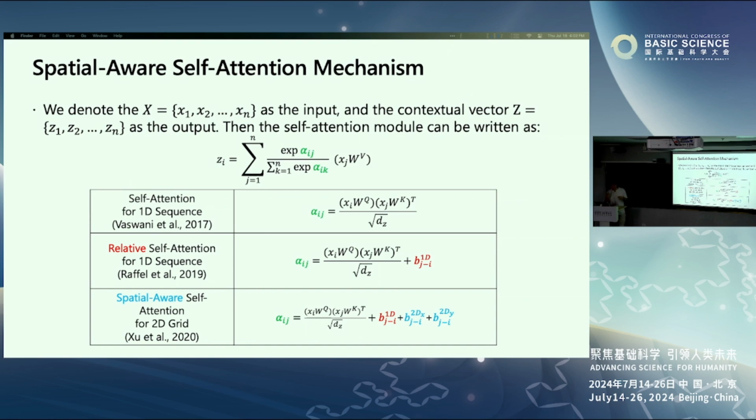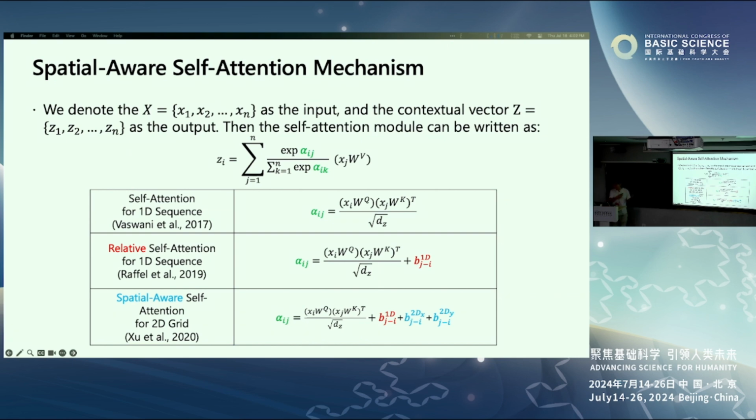And the famous T5 paper provides a self-attention with relative position bias. They add a bias term to represent the semantic relative distance in the input text sequence. Based on this previous work, we naturally extend the architecture to spatial-aware self-attention.